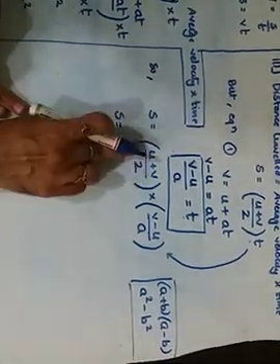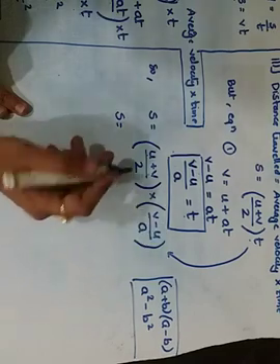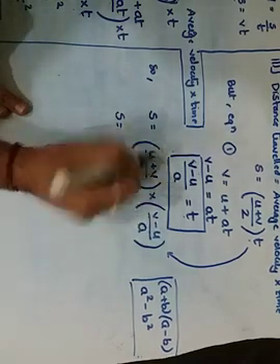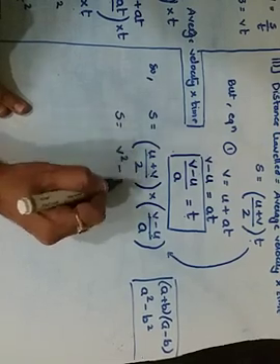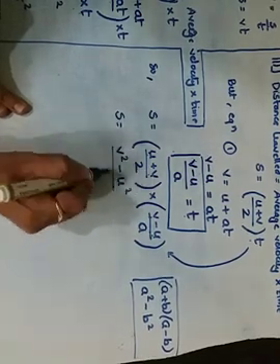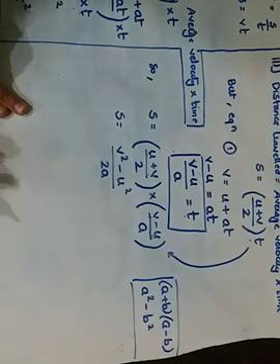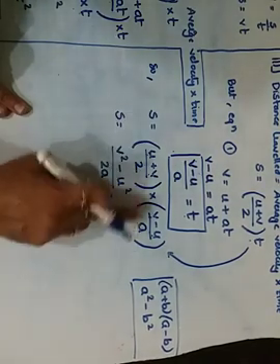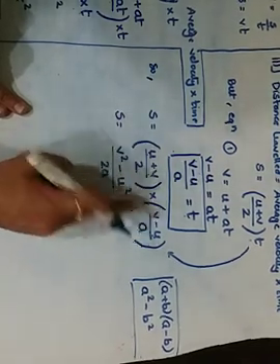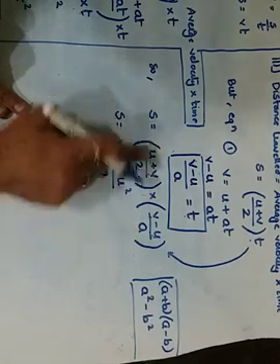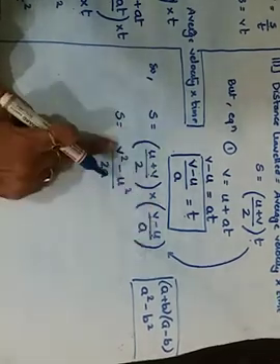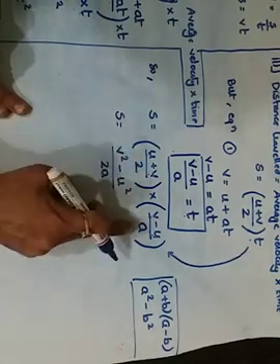Here v plus u and v minus u becomes v square minus u square upon 2a. Getting it? 2 into a. Numerator multiplies with numerator, denominator with denominator. So v plus u and v minus u becomes v square minus u square upon 2a.